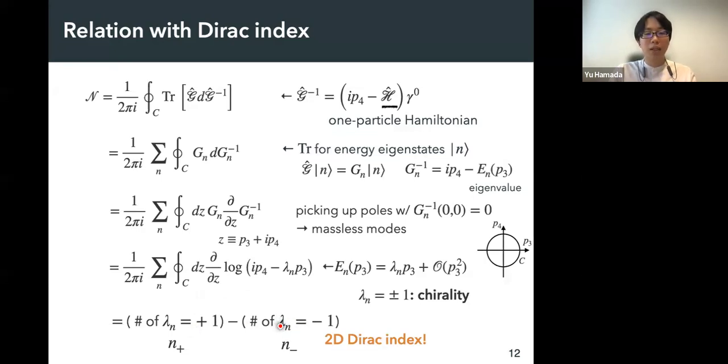So this is nothing but the number of plus-chirality modes minus the number of minus-chirality modes, which is the two-dimensional Dirac index. That's why this is topological: under any continuous deformation, this quantity doesn't change.